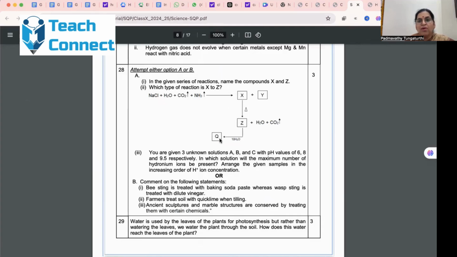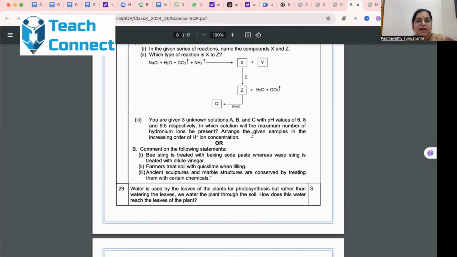Then these water molecules are being removed. Therefore, we should understand what happens in this. How can sodium carbonate be formed over here? From sodium bicarbonate, water and carbon dioxide are escaping from this molecule Z.